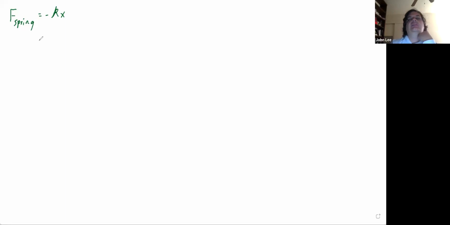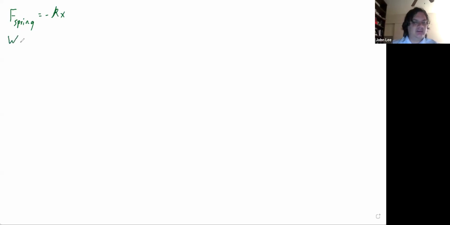We went over this last lecture, but x is just the displacement from the initial position, and that gives you this equation where the farther out you are displaced from the initial position, the more force the spring is going to be pulling back, trying to restore itself.